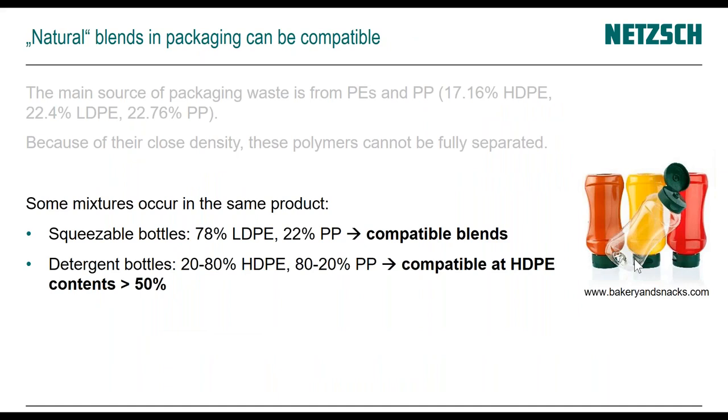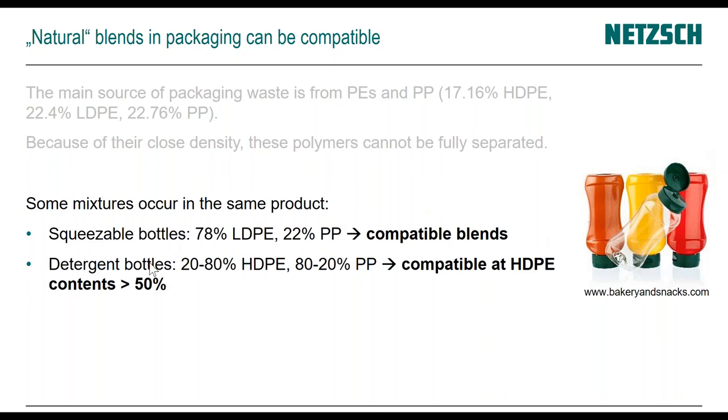So when we look back at the motivation that we originally had, we wanted to know if natural blends in packaging actually make sense. And the DSC, we already saw, yes, blending seems to work, and we can distinguish between the different components. But when we look at the compatibility, we need to look at the proportions that occur naturally in products.